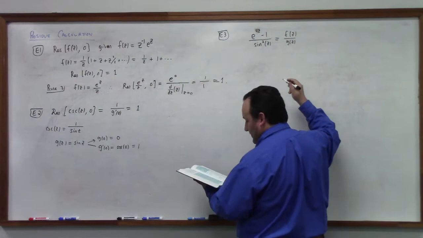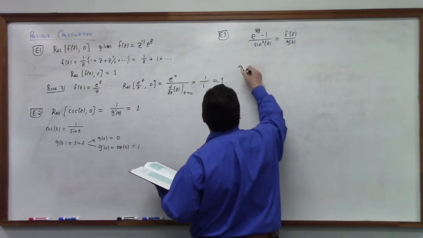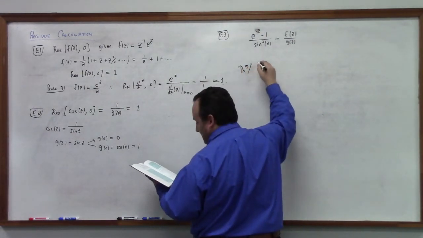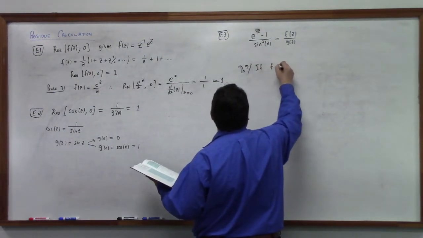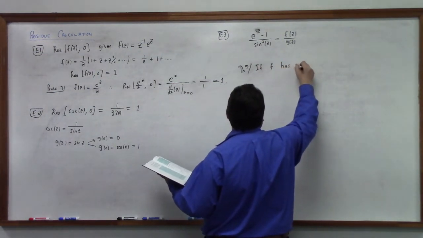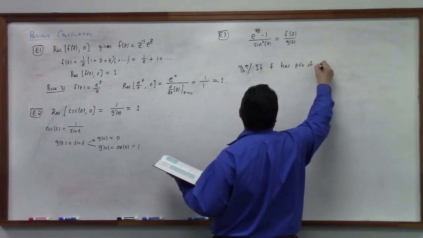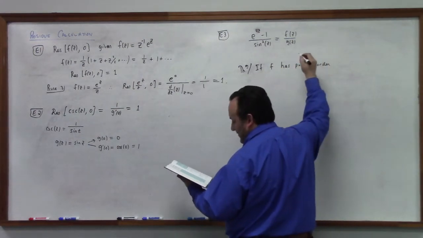So let me actually write down the theorem that I was alluding to last time, but I never quite said clearly. If f has a pole, actually we don't need this for this one, but I've already started, so my bad.